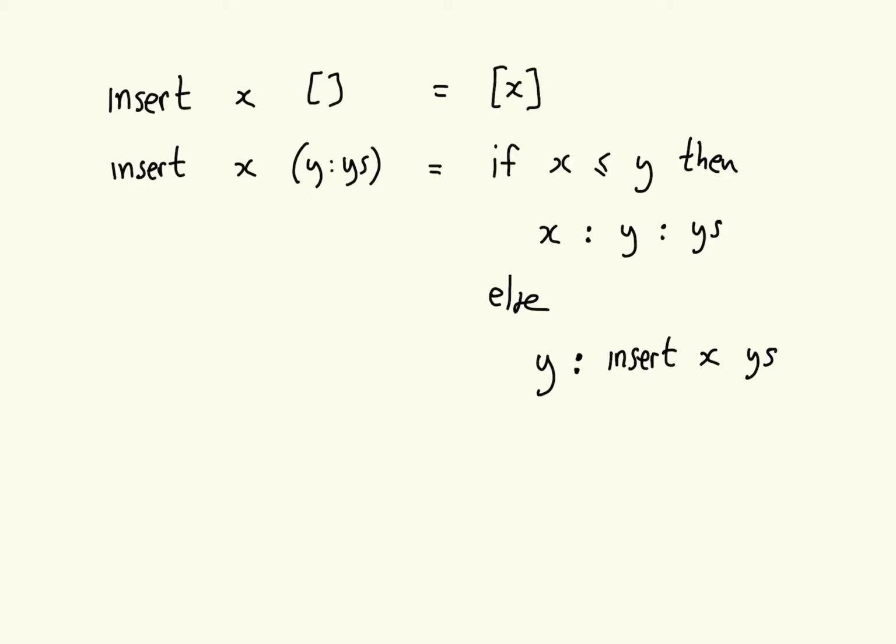So to wrap this extra example up, I'm going to show you how to implement something called insertion sort. I can explain insertion sort very simply in words, and then I'll explain how to implement it in Haskell. In words, there are two cases. The first case is that if I give you a list with nothing in it, it's already sorted.